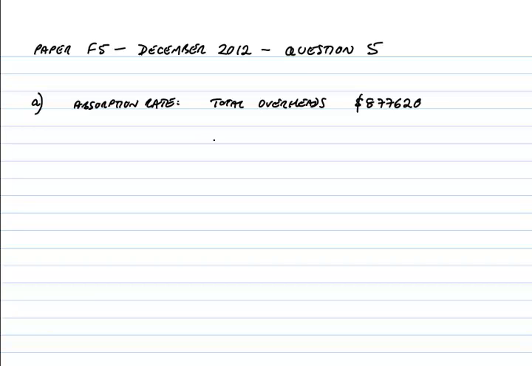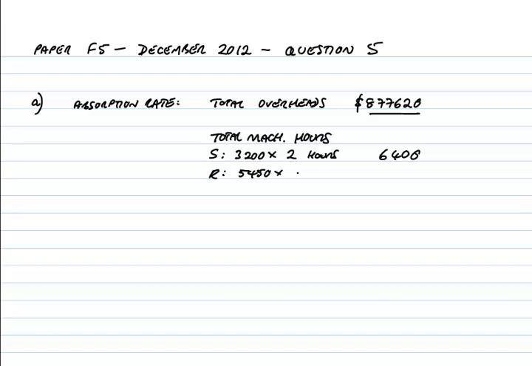We're going to absorb over machine hours, so let's work out the total machine hours we expect to work. And we need the bit of information above. We know how many of each unit we're going to produce, and 4 lines down we know how many hours each unit will take. So product S, we're going to be producing 3,200, and each one takes 2 hours. Product R, we're producing 5,450, and each one takes 1 hour.